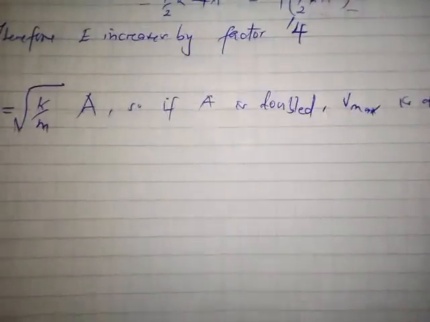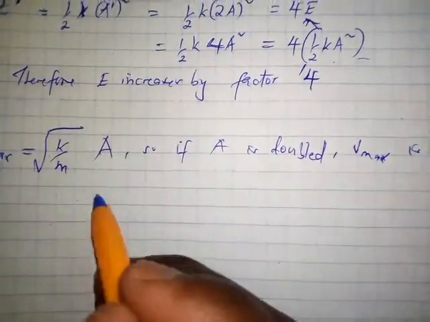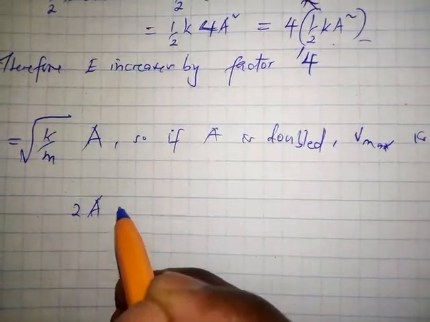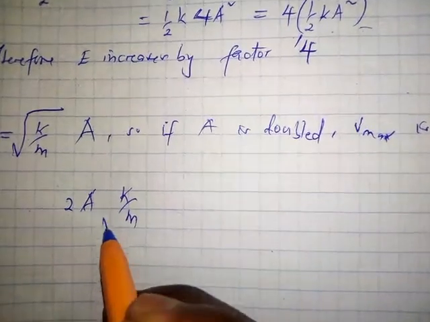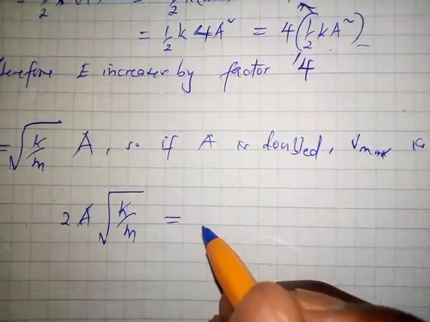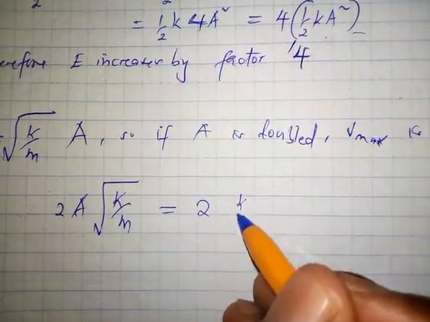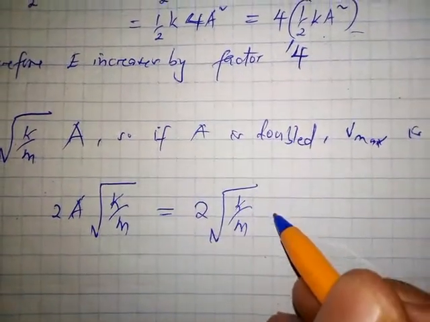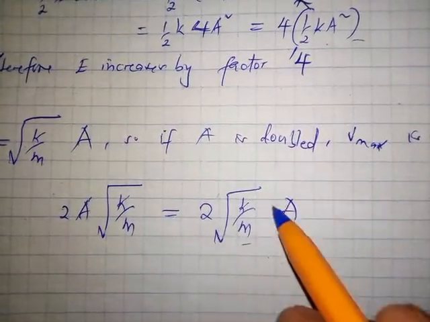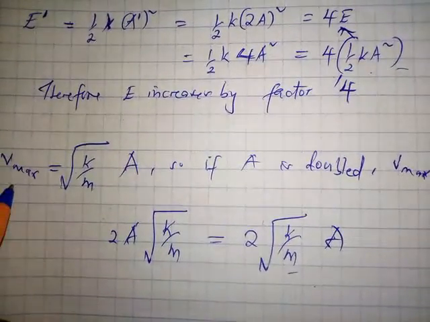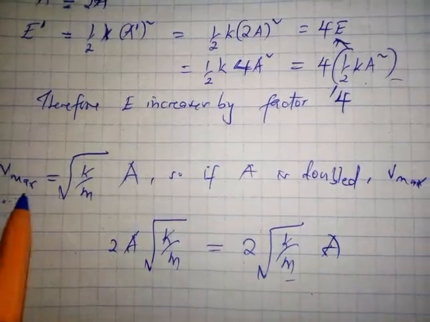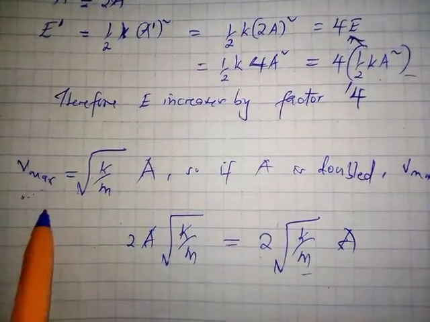How does this come about? When A is doubled, we'll have 2A times the square root of K over M, which is the same as 2 times the square root of K over M times A. But the square root of K over M times A is the maximum speed. So 2 times this means that V max is also doubled.